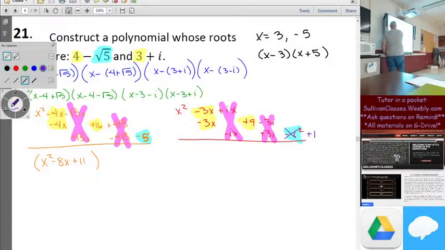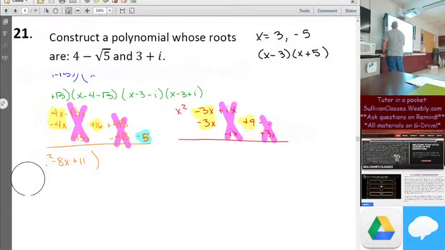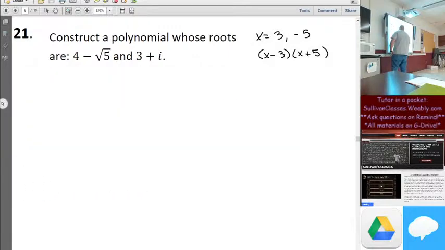You remember there was a formula that went with this, instead of having to do it all longhand? I can get rid of all this extra work. By saying, this is a compound 0 without an i in it: x squared minus 2ax plus a squared minus b squared.